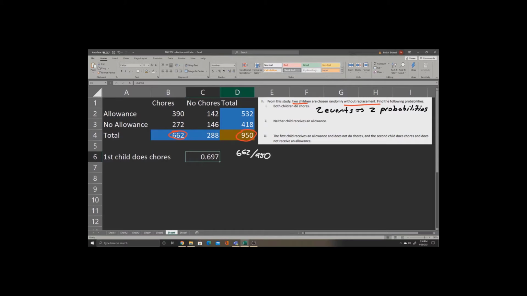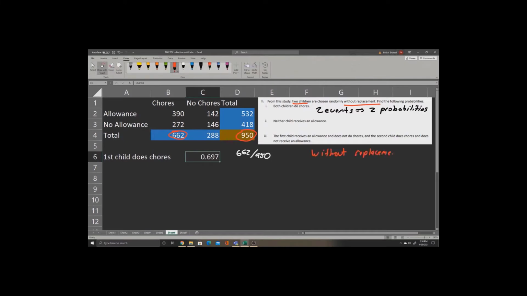Now, when we look at the second event, notice that this is without replacement. Without replacement means this: when we look to the second event, we're going to take one away from the chores total. Effectively, this means we've selected a child and removed them from the collection.